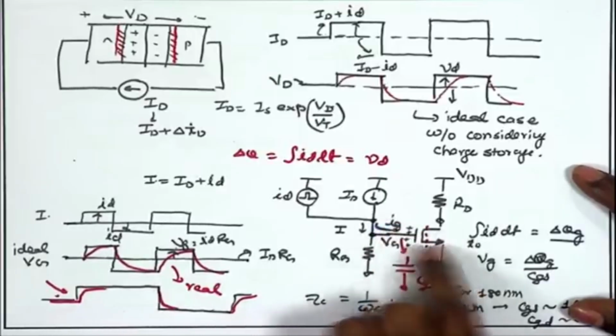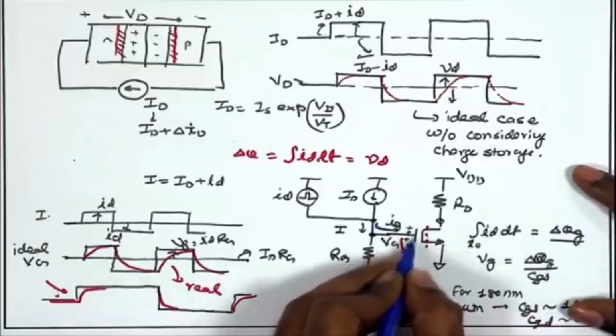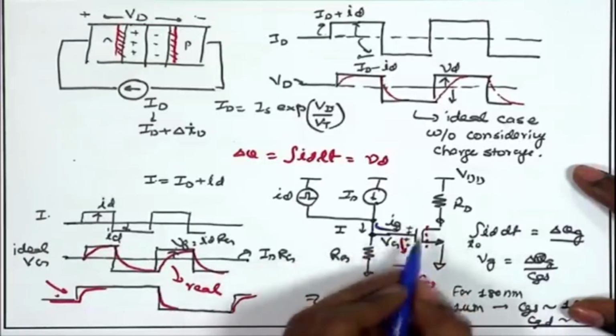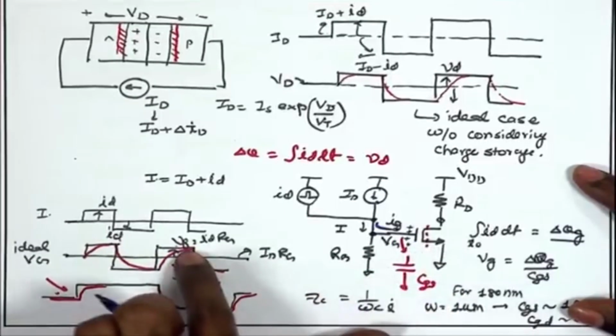That current is not passing through the oxide, there is no current, but the gate is accumulating that positive charge for some duration till the effective VGS across this MOSFET is equal to the final value, because this is the final value we expect, right.